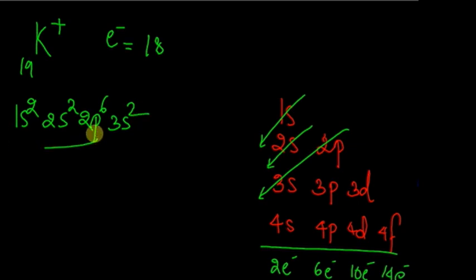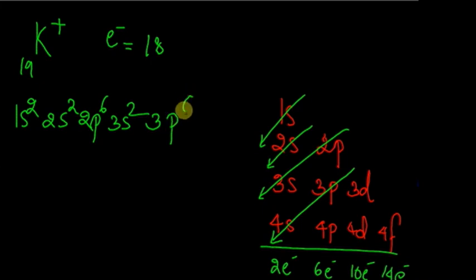If we count the number of electrons here, it is 2 plus 2 plus 6, 10 electrons, and 2 electrons, making a total of 12 electrons. Now we have to account for 6 more electrons. So after 3s, it is 3p, and then it becomes 3p6.